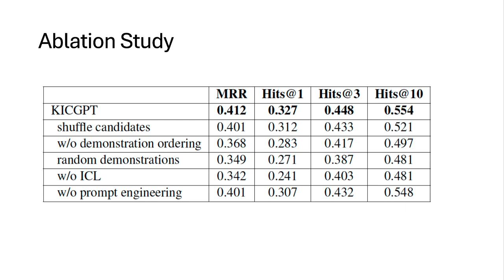In this evaluation study, they showed that every component is important, because when they applied every component, KICGPT outperformed all the other settings. When they applied just the prompt engineering, it was not good. When they applied all of the components, it outperformed all the others.